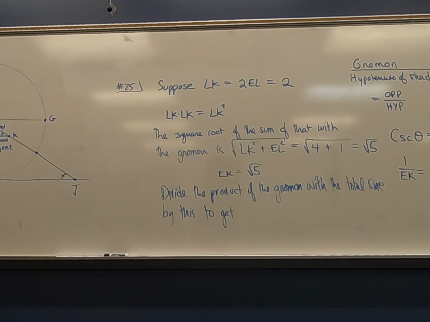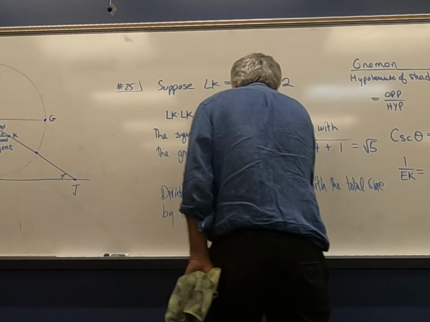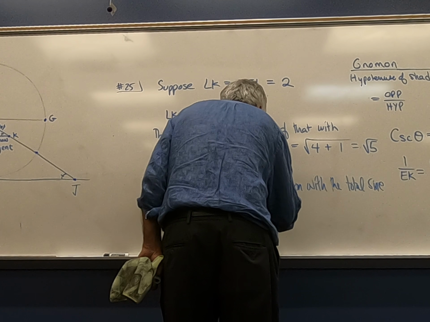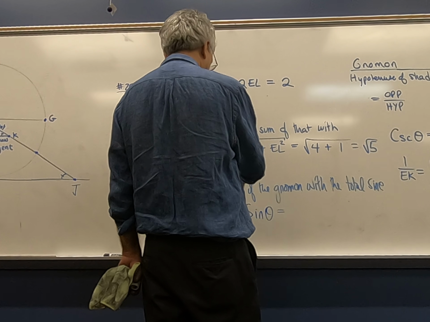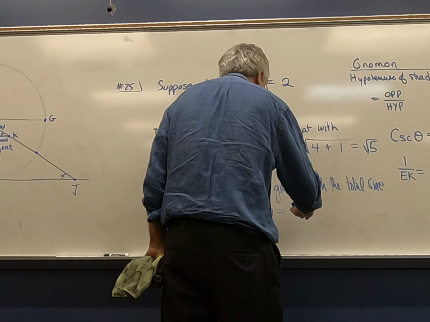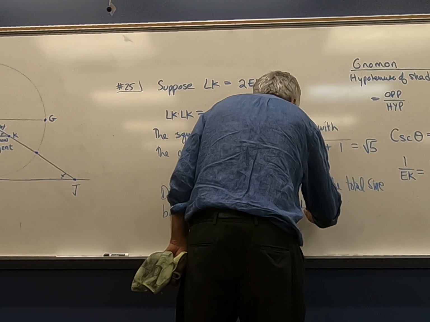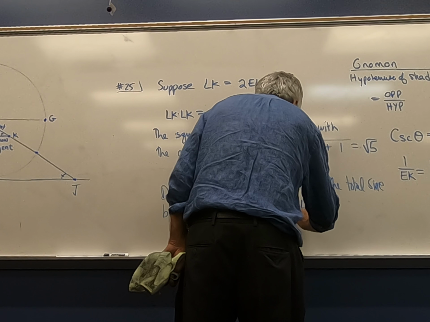We're going to get the sine of the altitude. Okay, so the sine of the altitude, well, that's the sine of theta, and that's going to be the gnomon times the total sine, which is EL times R, divided by square root of 5.